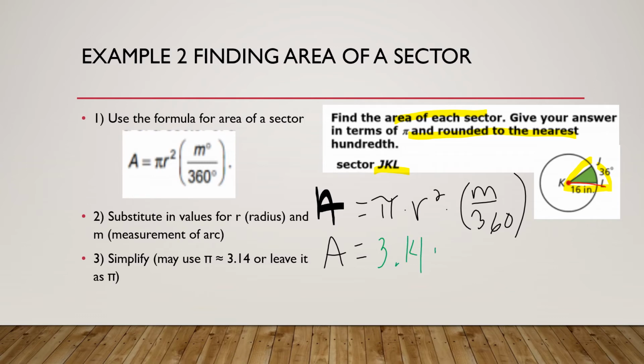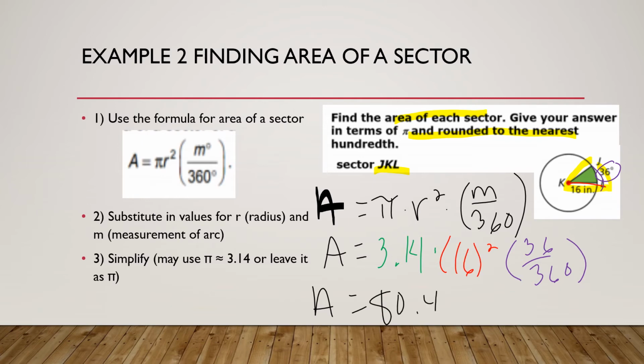My radius this time is 16 inches, squared, times the measure of my arc, which is 36, divided by 360 degrees. Again, we would put this into our calculator and we would get 80.42. Our proper label would be inches. Again, area means inches squared.